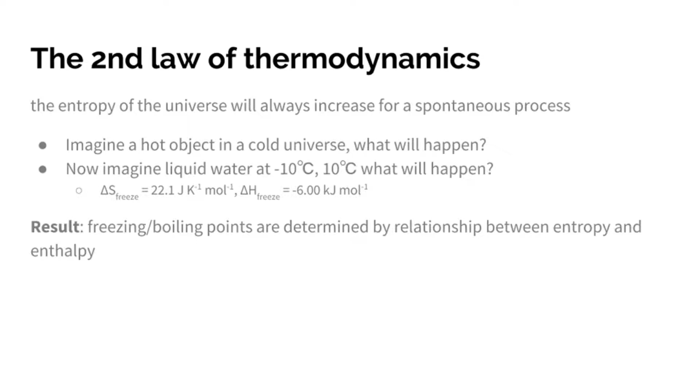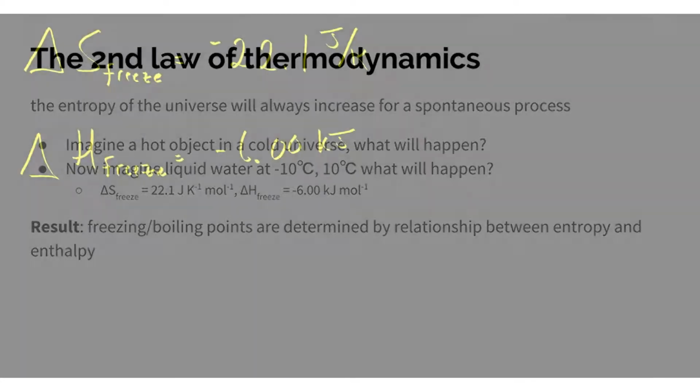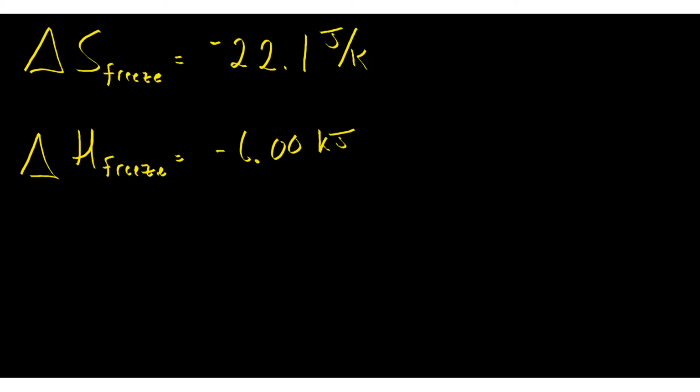Now, to demonstrate what's going to happen, we are going to need to find the entropy change of the universe, which means we need the entropy change of the system and the entropy change of the surroundings. Now, I gave you the entropy change for freezing and the enthalpy change for freezing.